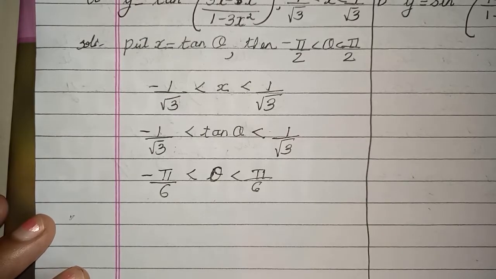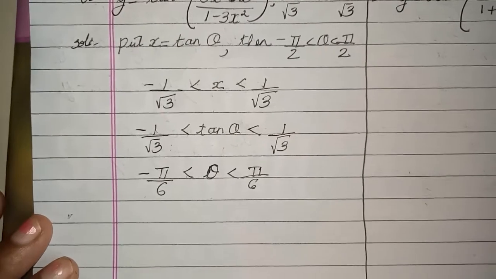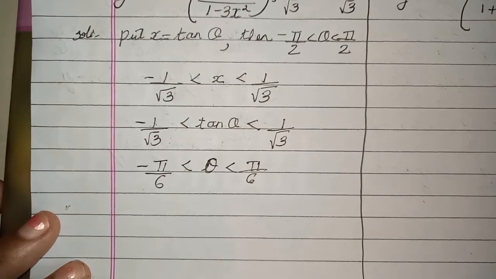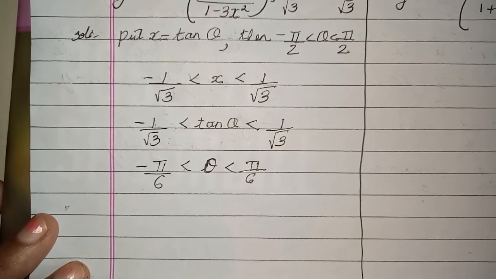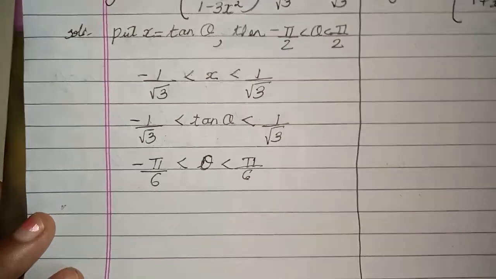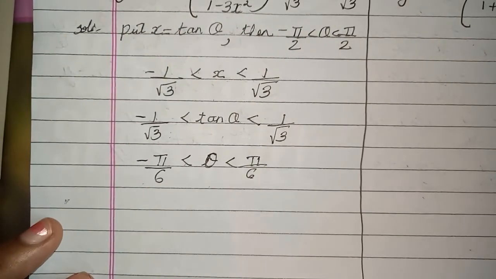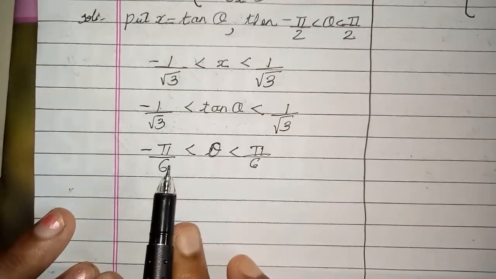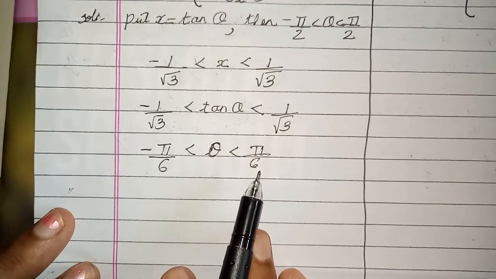You know that sine is an odd function. Sine of minus x is minus sine of x. Cos of minus x is the same as cos of x, but tan of minus x is the same as minus tan of x. Okay, so that's why your theta will be between minus pi by 6 and pi by 6.